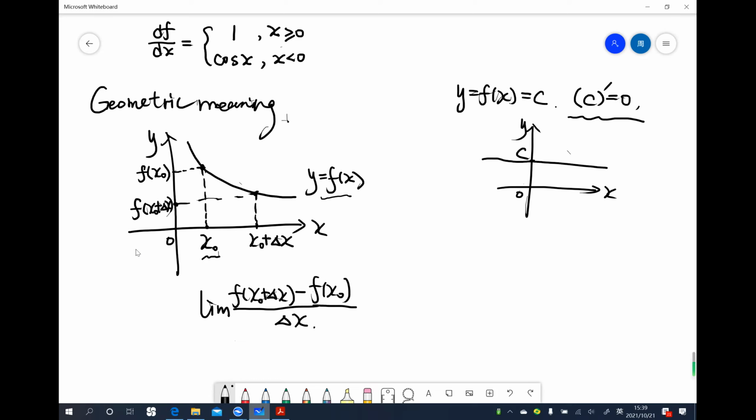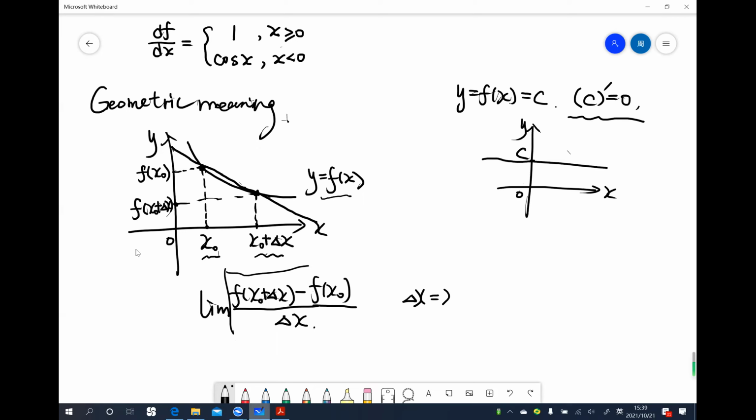And that is delta x here, that is x, if it is x, that is x minus x0, right? So here you will see we can connect these 2 points to make a line.